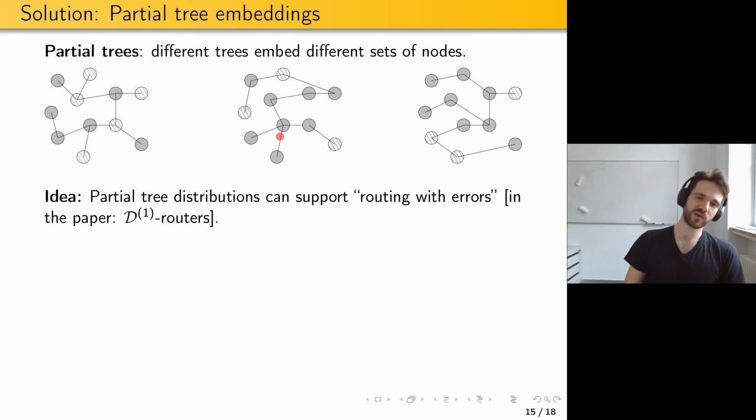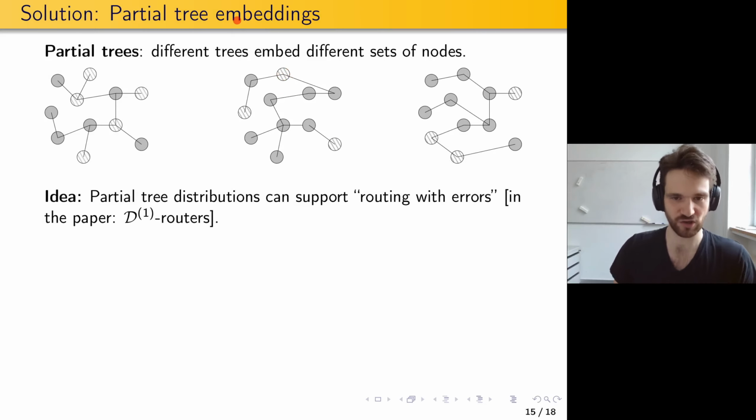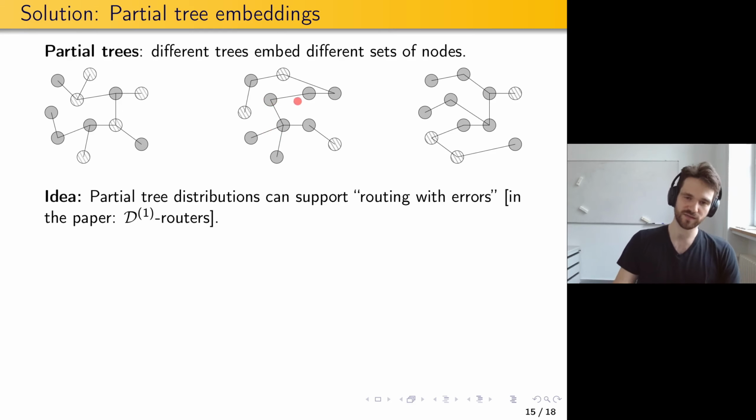In the picture, imagine that the striped nodes are not embedded. If you sample this tree and want to go somewhere between these, you're out of luck. We'll talk about that a bit later. But if you want to go between these gray nodes, that's fine. You can always do that.